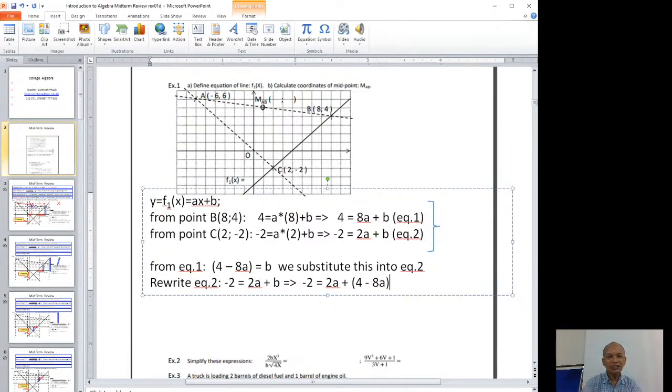Okay, like this. Now b, we replace by the expression above: 4 minus 8a. B equals 4 minus 8a.